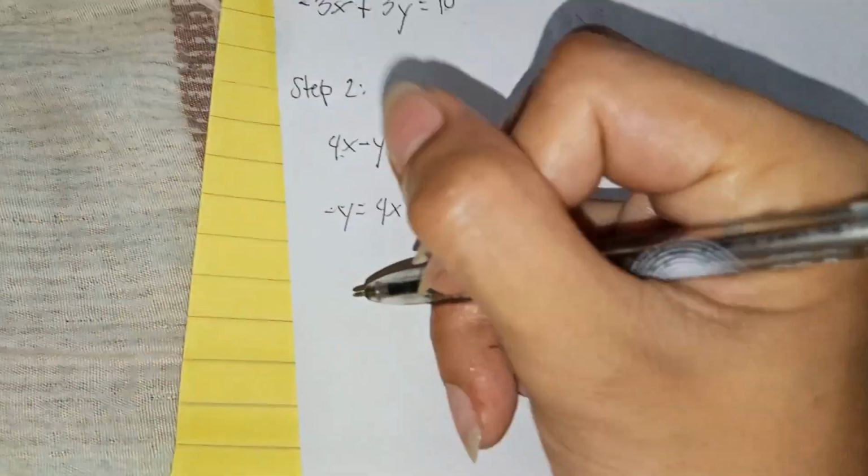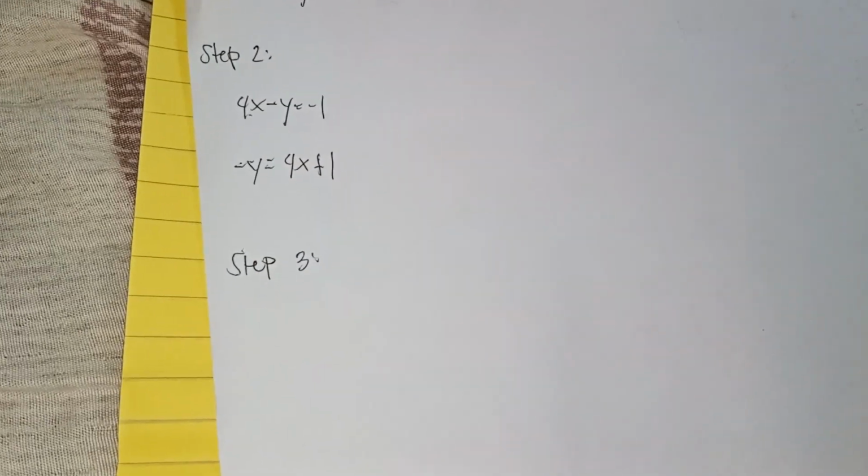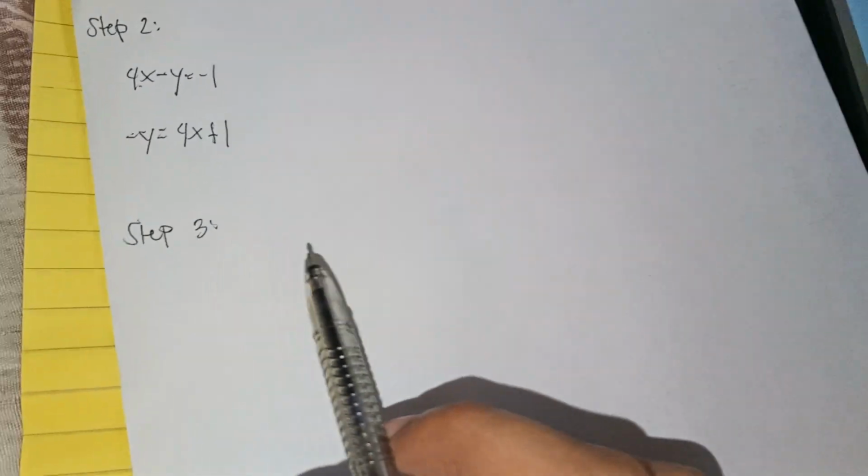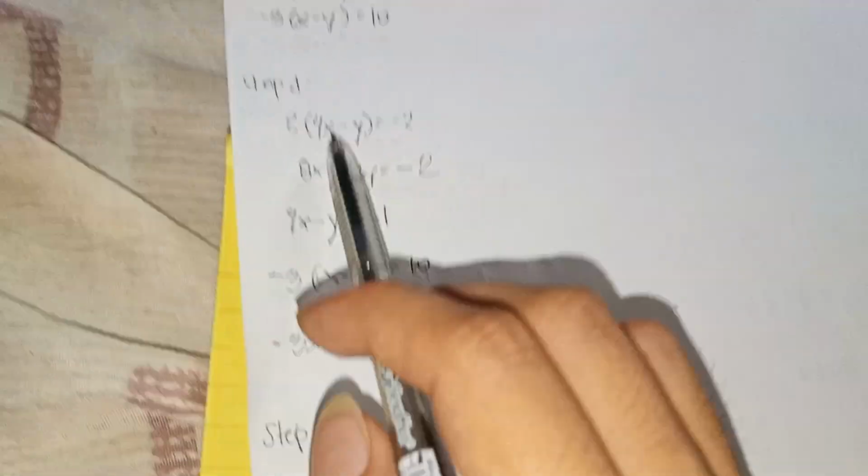And for step 3, we're going to substitute the y equals 4x plus 1 into the second equation. Now, we replace the y in negative 3x plus 3y equals 10 with 4x plus 1.